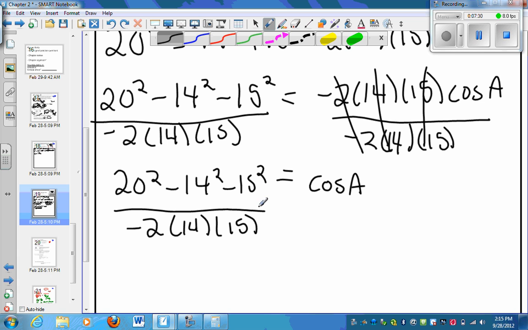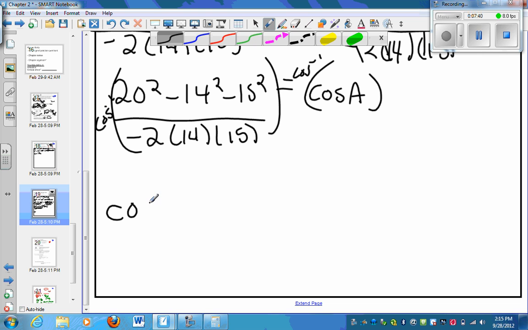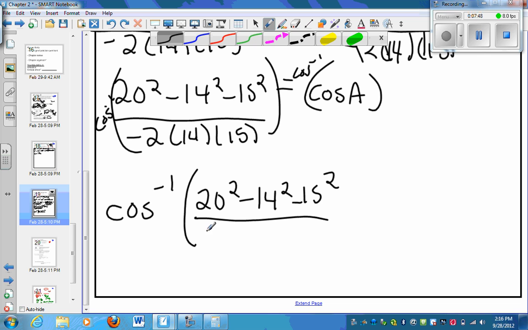To get A all by itself, I'm going to inverse cos both sides. Okay, so what I'm going to do is go cos minus 1 of 20 squared minus 14 squared minus 15 squared over negative 2. Don't forget that negative. 14, 15.